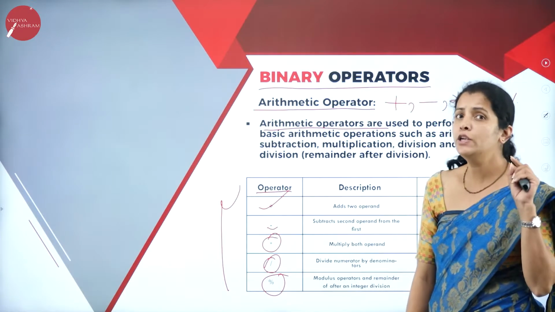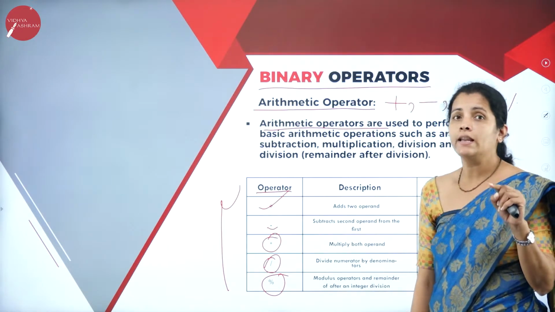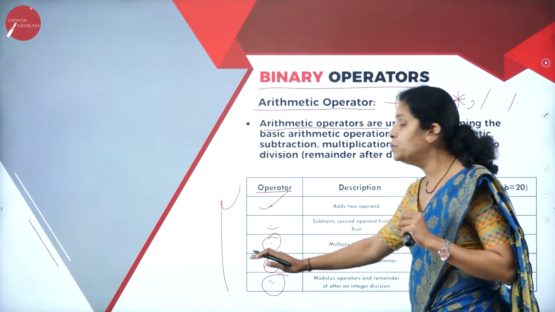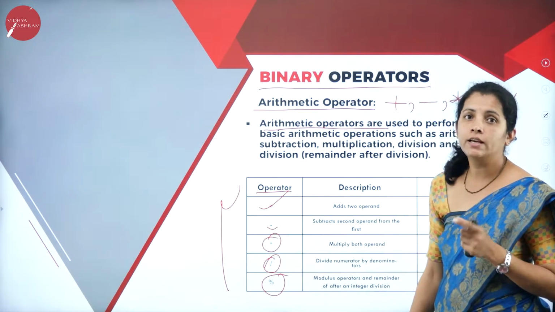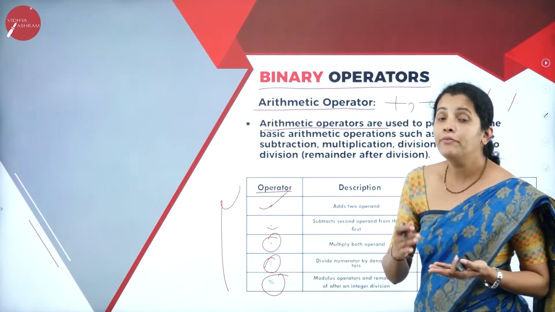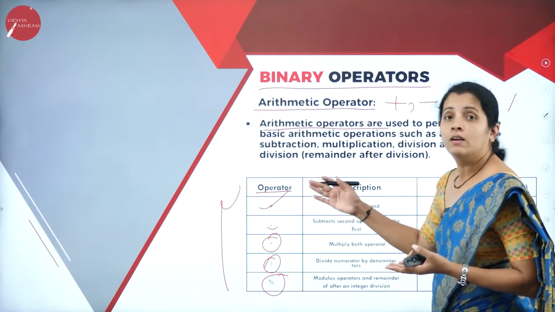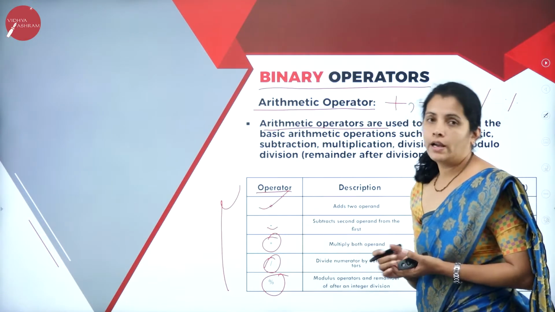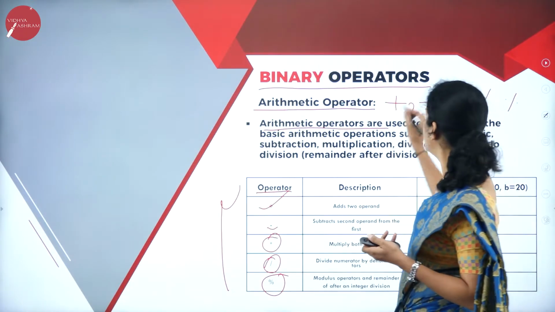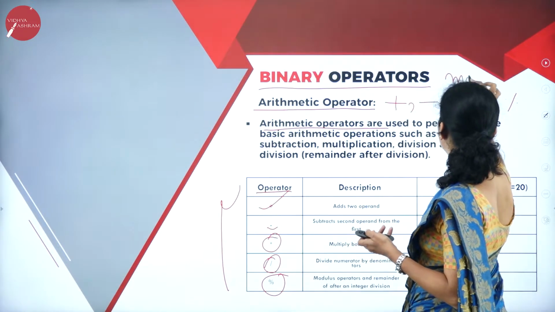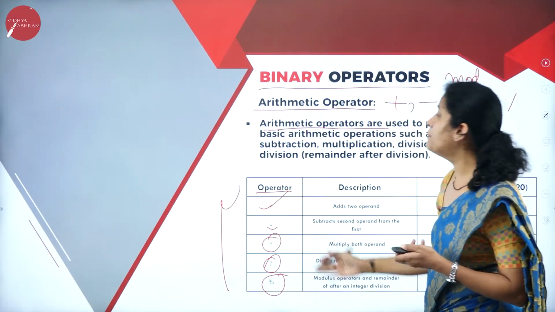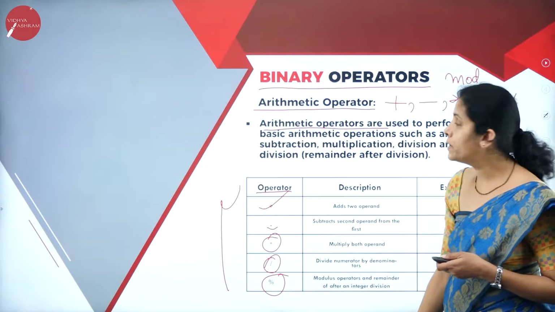If I use mod, then I can get the remainder. And if I use forward slash, then what is my result? I'm going to get the quotient. If I want to get the remainder, then what do I use? That is percentage. Here percentage is nothing but mod, that is MOD. These are certain examples for arithmetic operators.